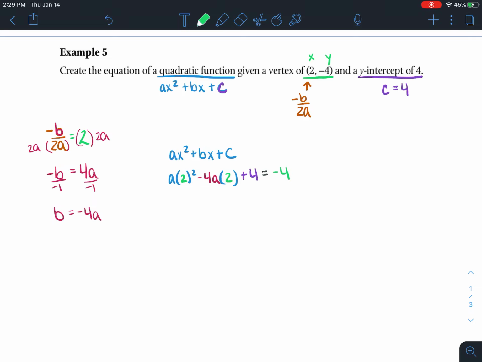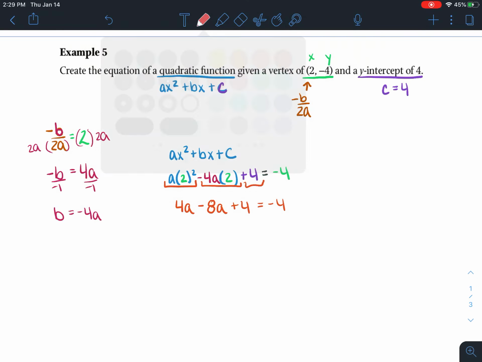So the first thing we want to do is simplify everything down and start combining like terms. So in this first piece here, we have 2 squared times a. 2 squared is 4, giving us a 4a. In our second piece here, we have -4 times 2, giving us a -8a. +4 stays the same, and then equal -4 stays the same.